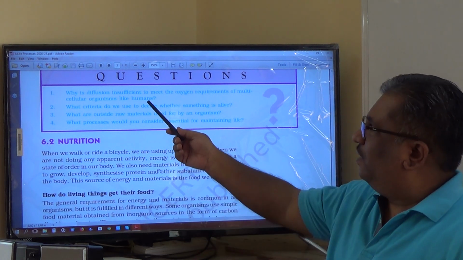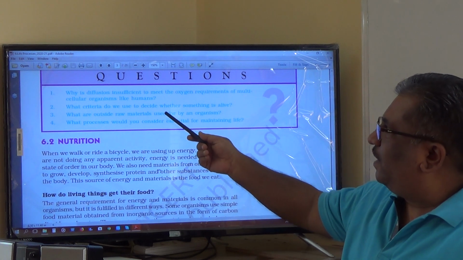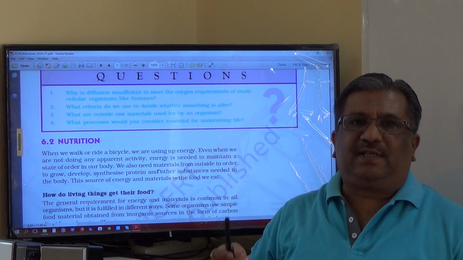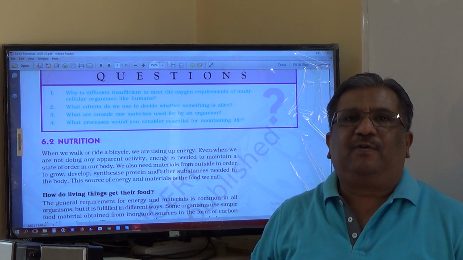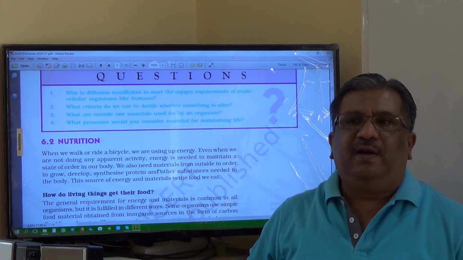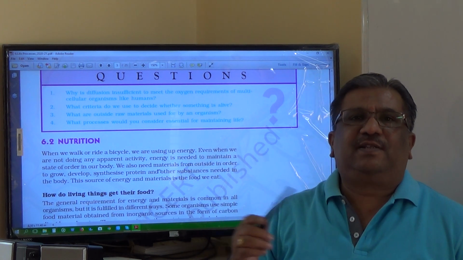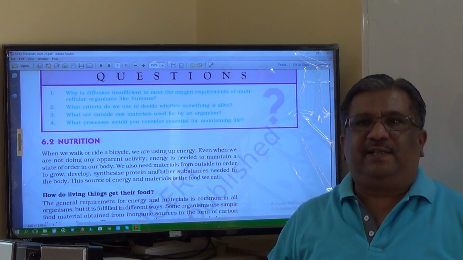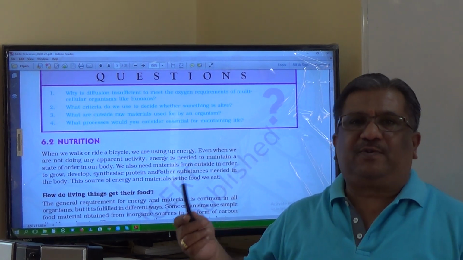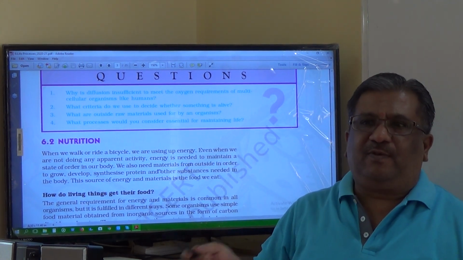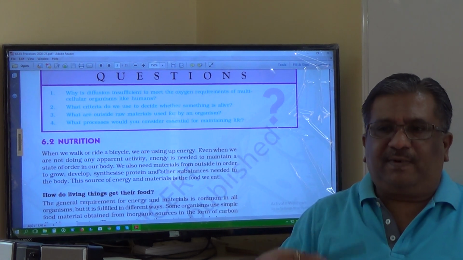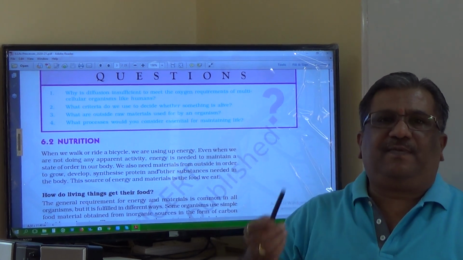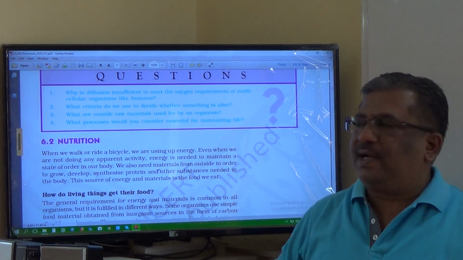In multicellular organisms like humans, all the cells are not exposed to the environment, and therefore, to meet the oxygen requirement, we need complicated organ systems for respiration. Whereas in unicellular organisms, the entire cell is exposed to the environment, so simple diffusion will be able to supply oxygen to it. But all our cells which are located inside, which are not exposed to the environment, how do they get oxygen? By means of organ systems, the respiratory system, that I have explained already.